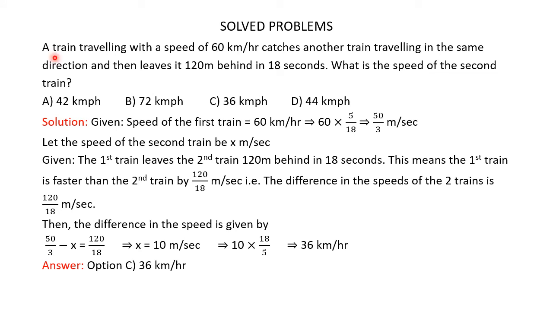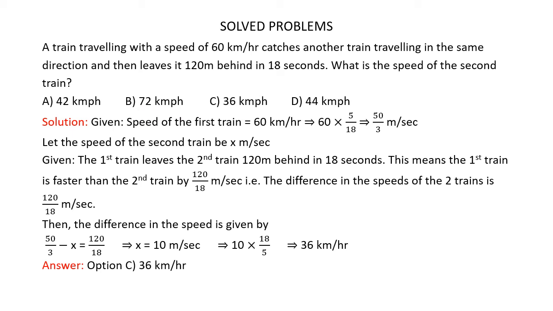A train traveling with a speed of 60 kilometers per hour catches another train traveling in the same direction and then leaves it 120 meters behind in 18 seconds. What is the speed of the second train? You are given four options here and you have to find out which of these options is the correct one.